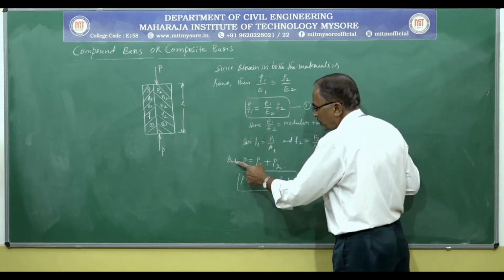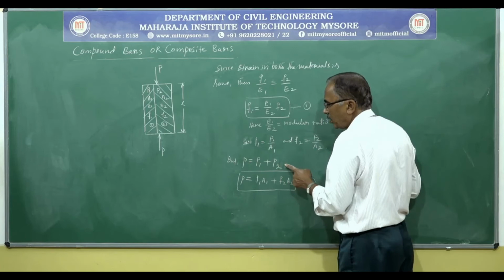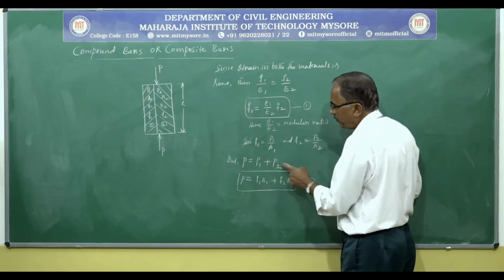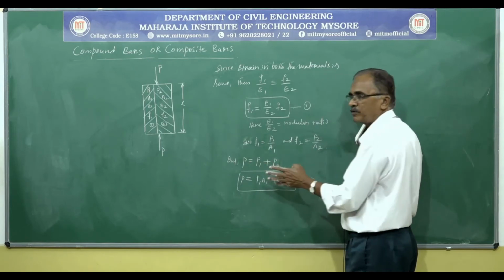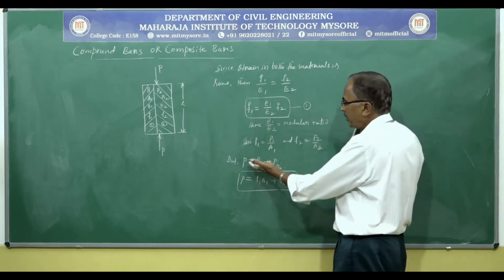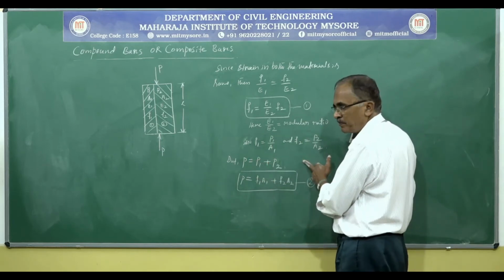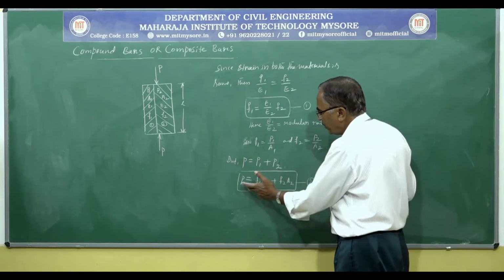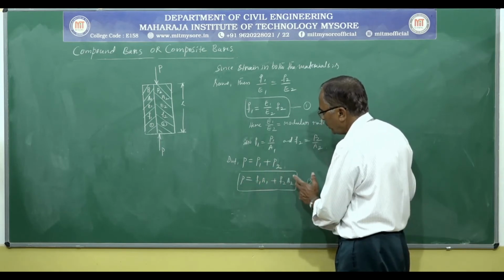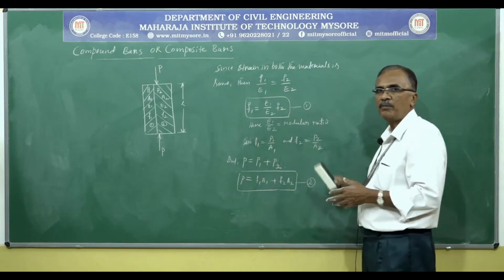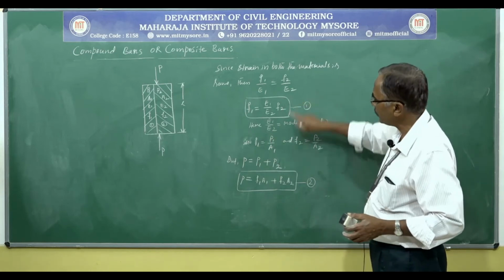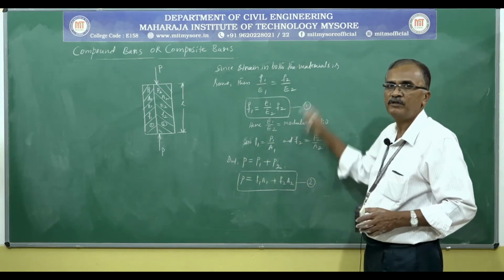Finally, the load coming on the compound bar will be shared by the different materials. If there are two materials, P is equal to P1 plus P2. If there are three materials, P is equal to P1 plus P2 plus P3. And from this we can write P is equal to F1 A1 plus F2 A2. To solve numerical problems, usually we use these two equations and proceed further.